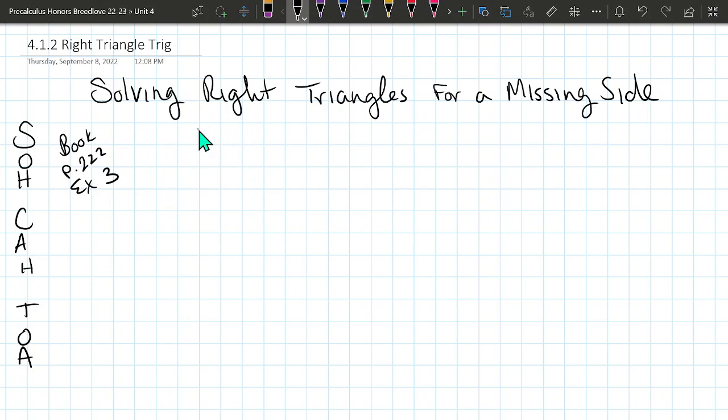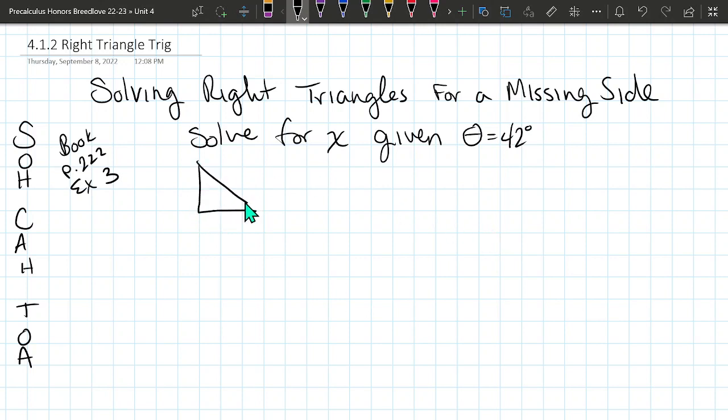So it says to solve for x, given that theta equals 42 degrees, and it gives a triangle. So here's theta, and it gives us the hypotenuse is 18, and the x is on the bottom.